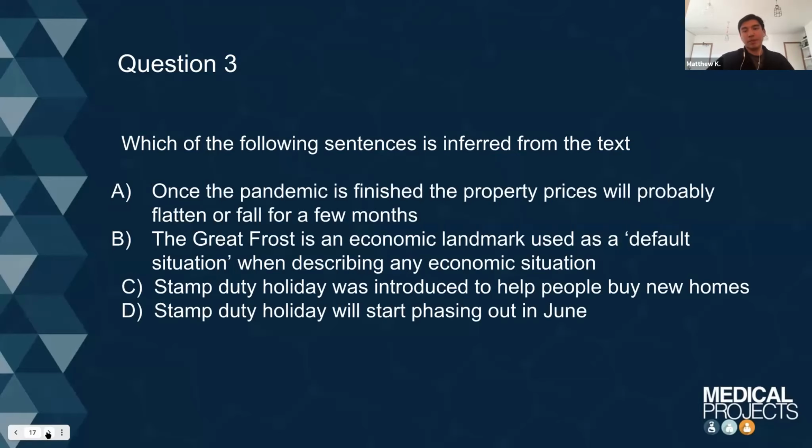So question 3, which of the following sentences is inferred from the text? A, once the pandemic is finished, the property prices will probably flatten or fall for a few months. B, the Great Frost is an economic landmark used as a default situation when describing any economic situation. C, stamp duty holiday was introduced to help people buy new homes.